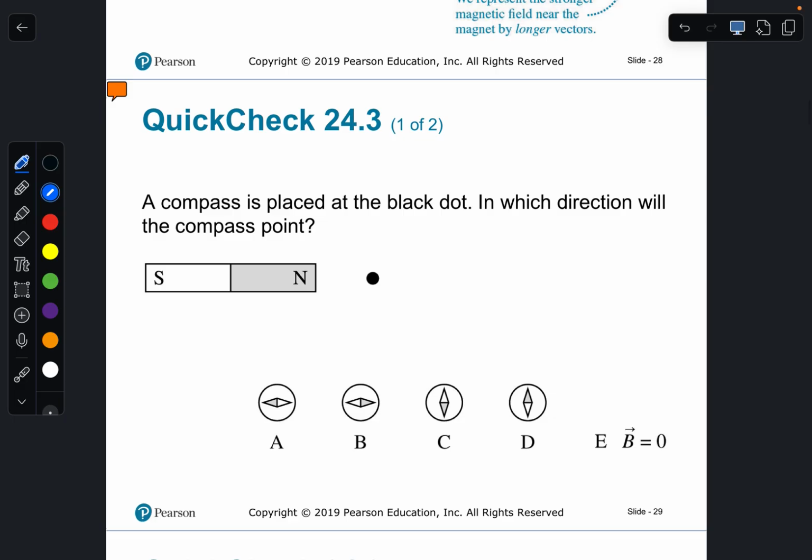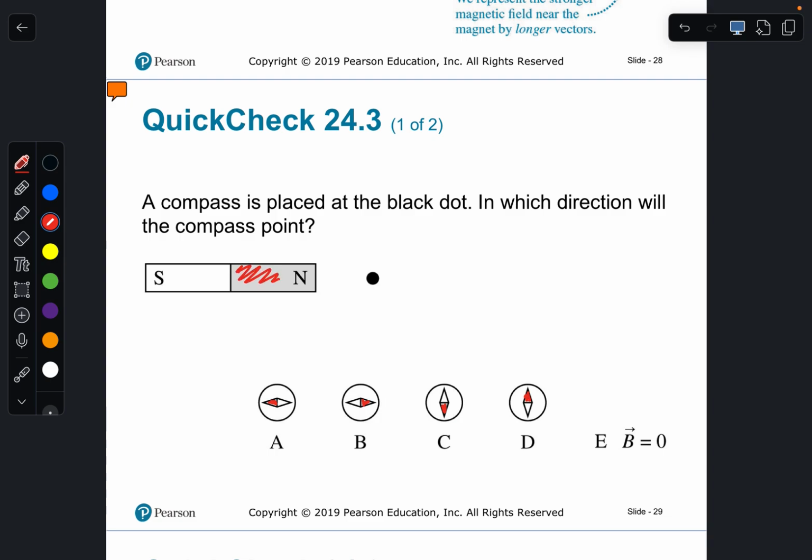So we have our south and north pole here, and we're directly to the right of the north pole. Which compass needle, this is the red, would correctly indicate the direction?